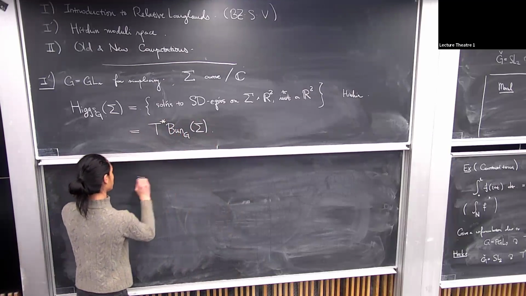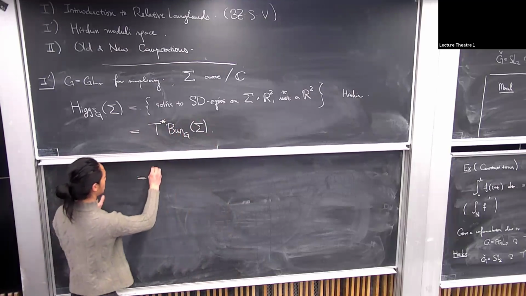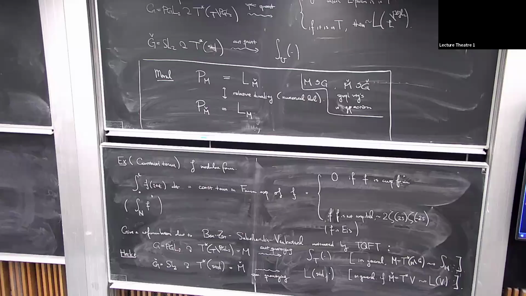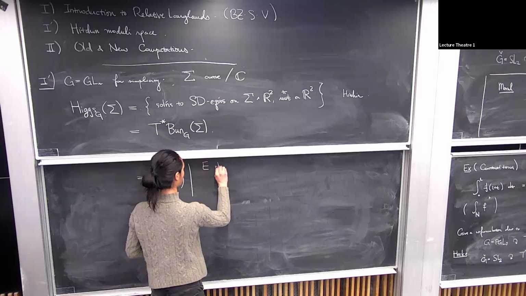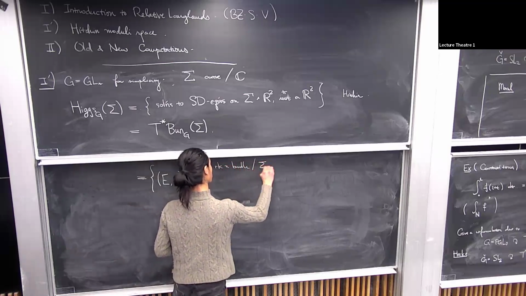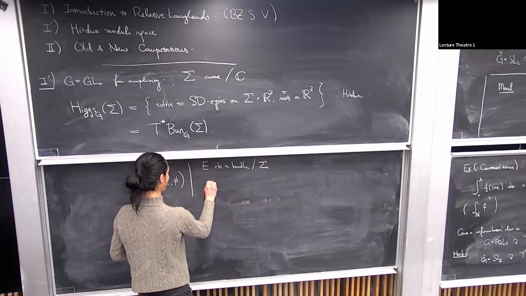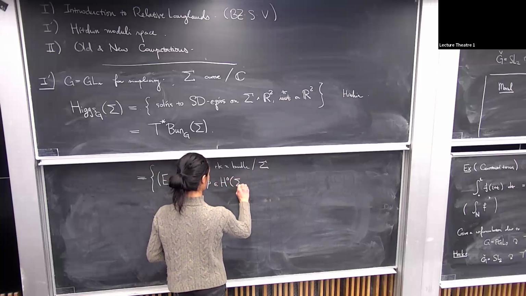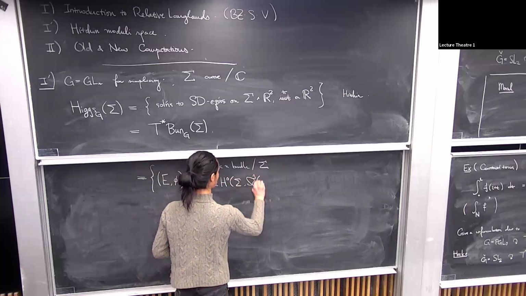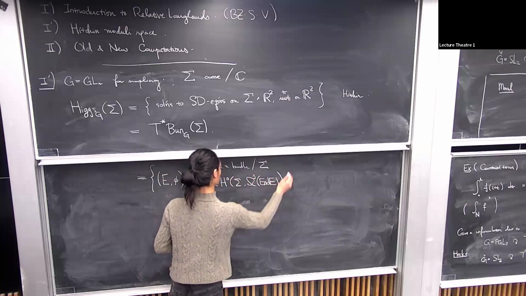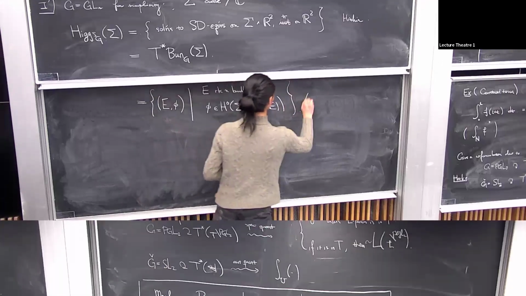And finally, let me give you a very concrete description. The pair (E, phi), where E is a rank n bundle on sigma, and phi is a one form valued in the endomorphisms of your bundle.